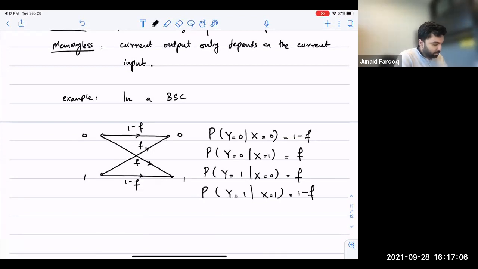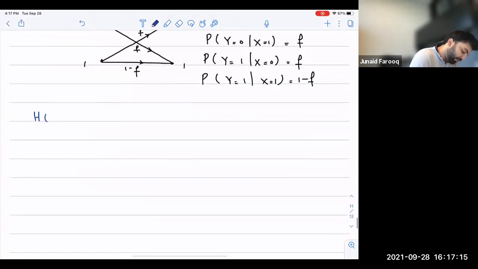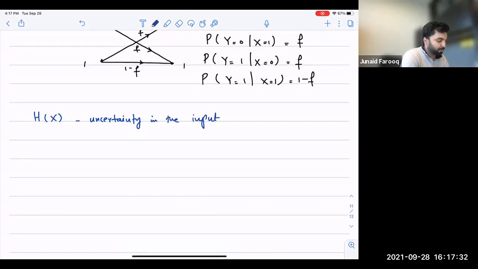Okay, now H of X here, if you look at DMCs, represents the uncertainty in the input. I'm trying to relate the ideas that we have talked about to communication channels, or examples that correspond to communication systems that we've been talking about in this course.